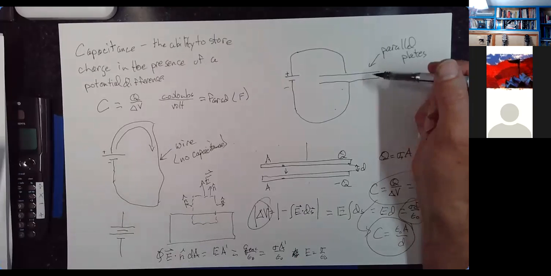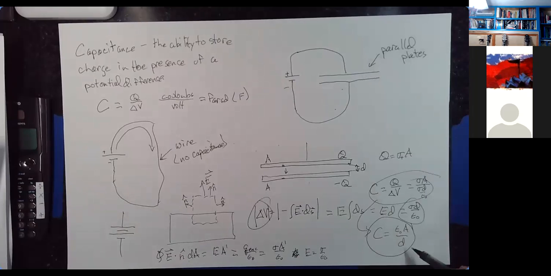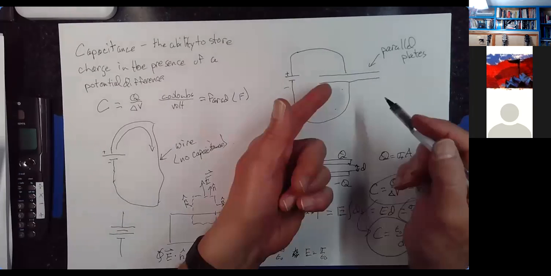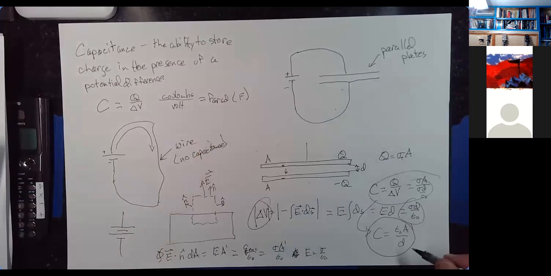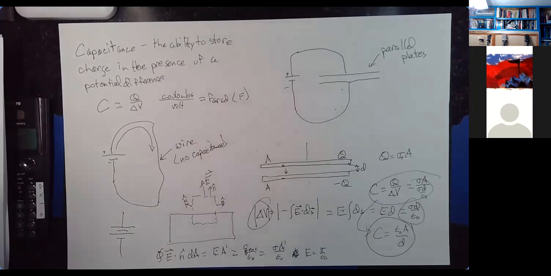With an air gap, the capacitance is just epsilon naught A over D. So that's not bad. That's all it depends on, is how much area you have and the separation between the plates. And the smaller you can make that separation, the better your capacitor is going to be. So there we have it.